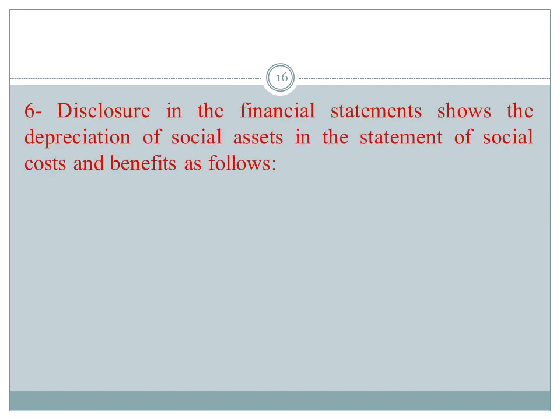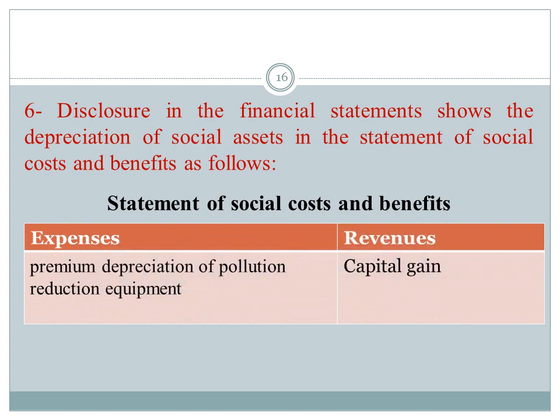Disclosure in the financial statements. Firstly, the statement of social costs and benefits consists of expenses and revenue. Expenses: premium depreciation of pollution reduction equipment. Revenue: capital gain if we sell an asset.